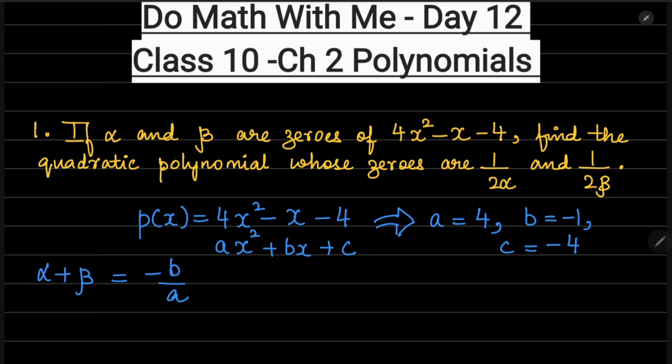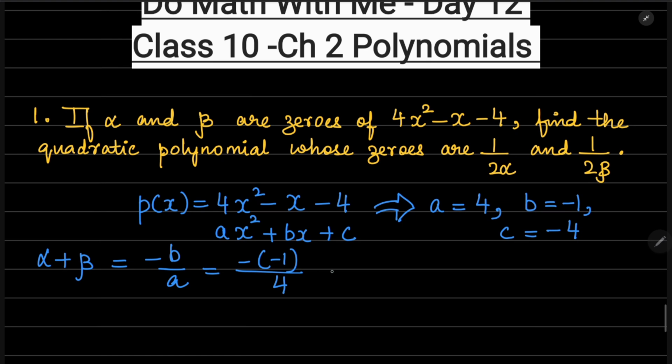Now, what is minus b by a? Minus of b is minus 1. This minus is the formula's minus, and within the bracket you write b, which is minus 1, divided by a, which is 4. So your sum of the zeros is nothing but 1 by 4.